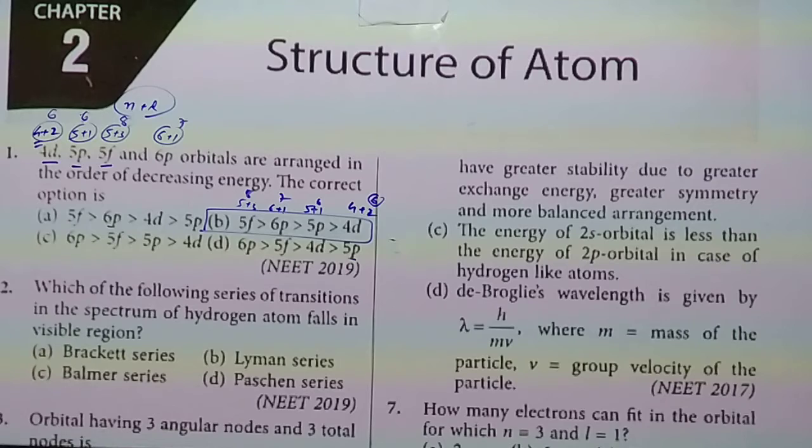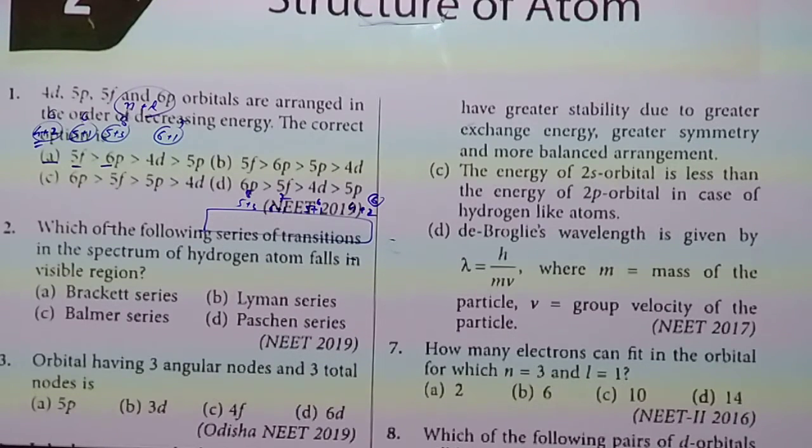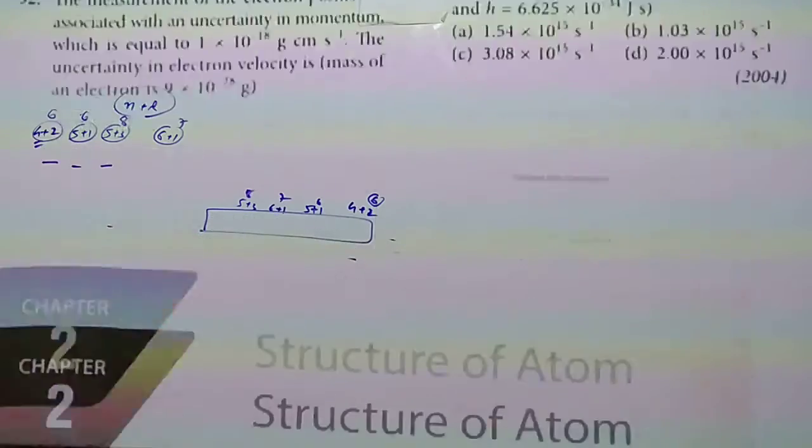In the second question, which of the following series of transitions in the spectrum of hydrogen atom falls in the visible region? We know there are 5 series in our hydrogen spectra.